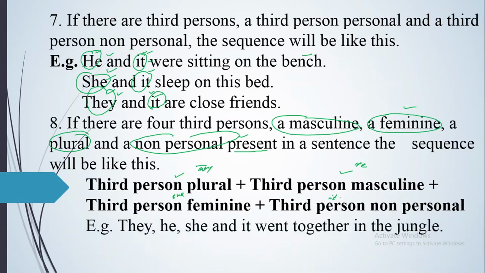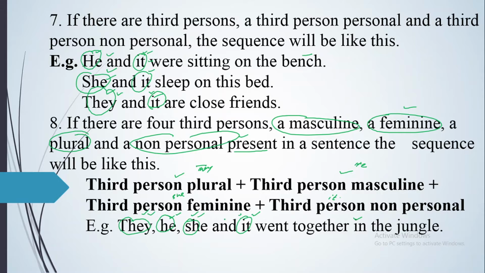Example: They, he, she and it went together in the jungle. Maybe there were a lot of people. First we talk about the plural they, then he may be known to you and she may be known to you separately, and they went together in the jungle. So at the end, the non-personal. So plural, then masculine, feminine and non-personal.